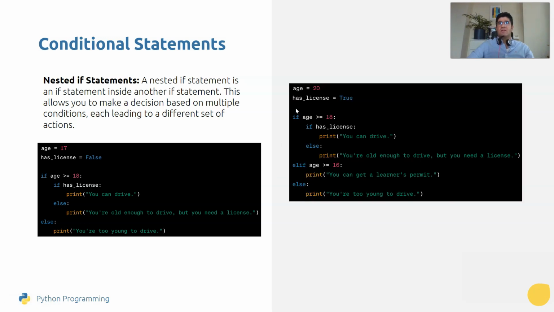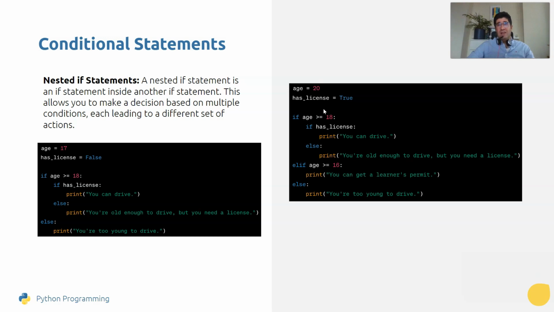Or to make the whole process a little bit better, if age equal 20 and has_license equal true, so if age is greater than or equal to 18 and has_license, we can say "you can drive". The else part is the same. If the age is greater than or equal to 18 and the person doesn't have a license, we can say "you are old enough to drive but you need a license".